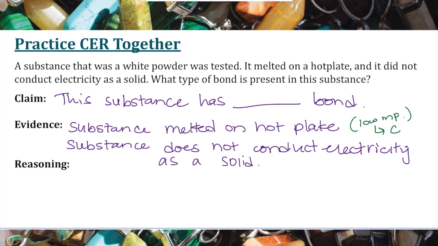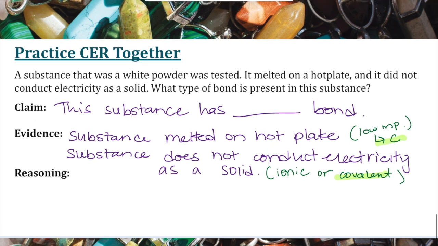A substance does not conduct electricity as a solid. Well, that could be ionic or covalent. And so as we're looking at these, which one is it going to be? The only one that applies to both is that it has to be a covalent bond. So now let's talk about our reasoning. And with your evidence, you should have two pieces of evidence in order to support your claim.